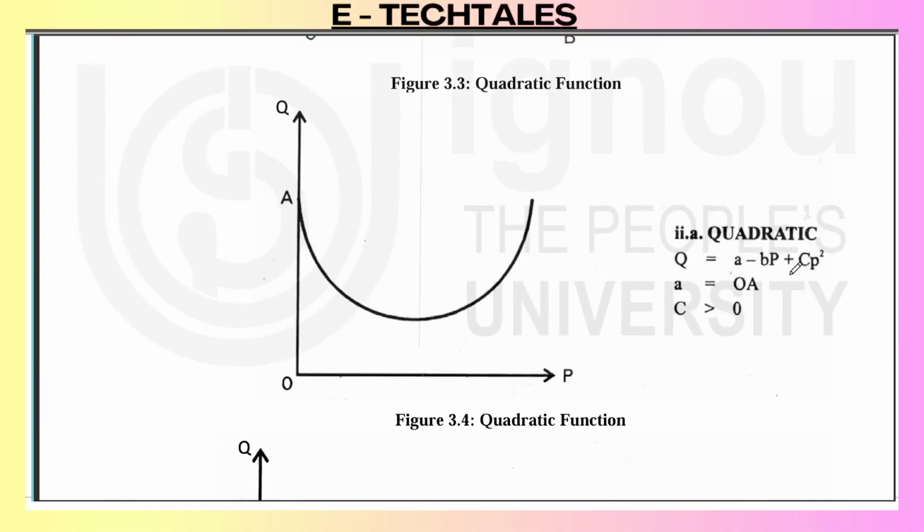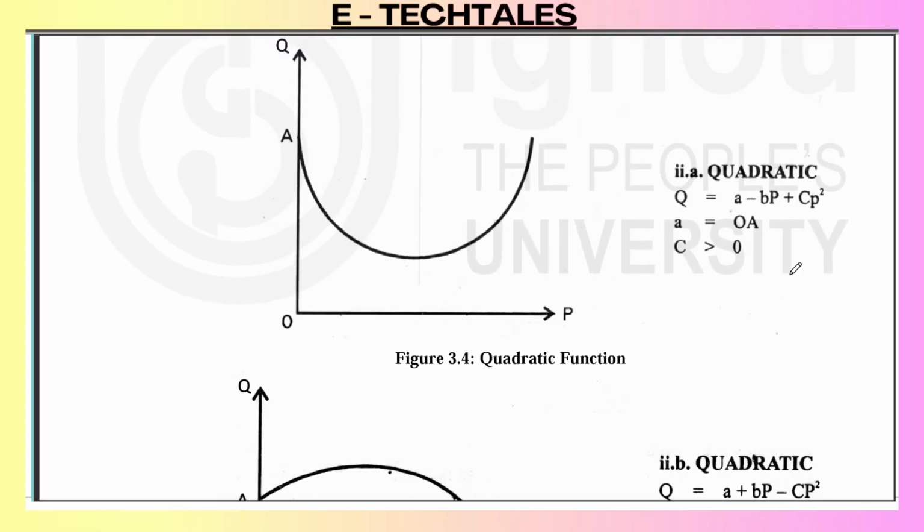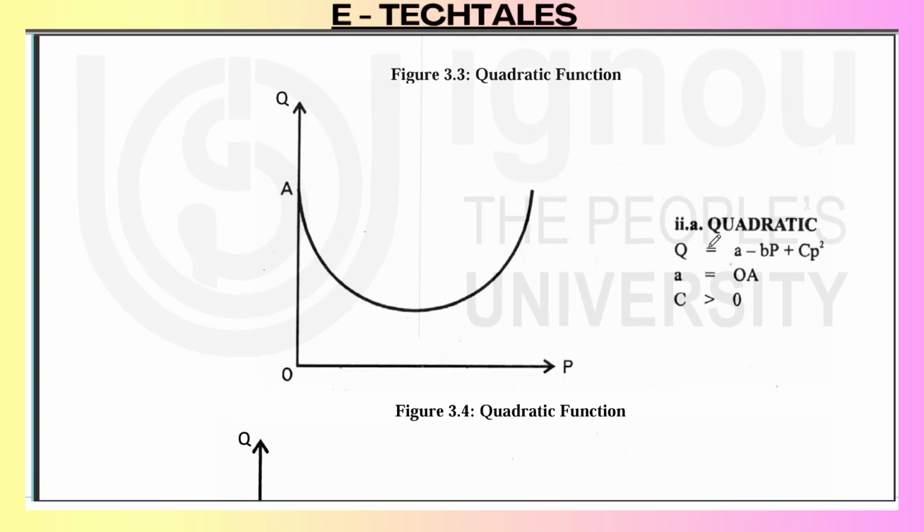But when it comes to a quadratic equation, there are two types actually. One is concave, and another one is convex in shape. This you can see by the diagram.